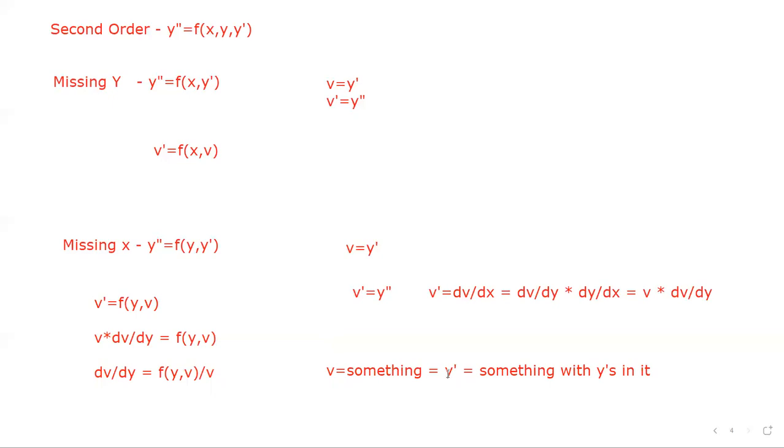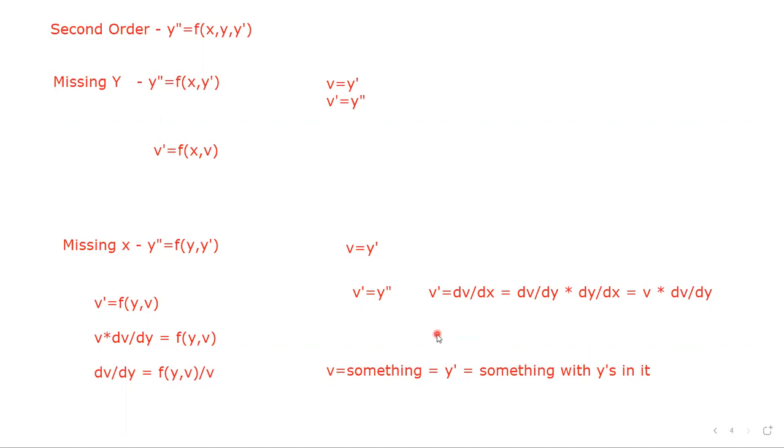So now we will have another equation to solve, but it's going to be a first order equation where we now have y primes with y's, and we know how to do that. And so then we can go ahead and solve it for y.